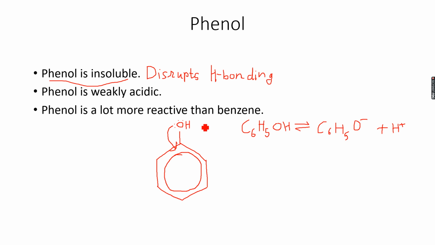So as it cannot accept H plus ions, it acts as an acid, because an acid donates H plus ions, it does not accept them. So the lack of the availability of the lone pairs results in the oxygen not accepting H plus ions and hence behaving as an acid. So phenol is weakly acidic, and phenol is a lot more reactive than benzene.